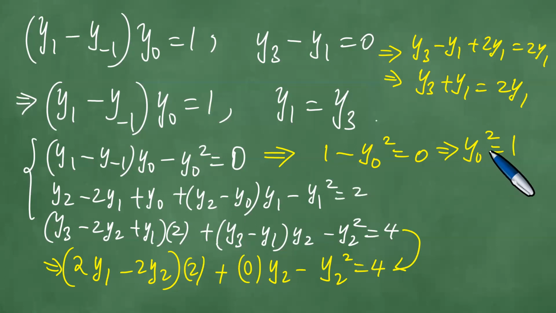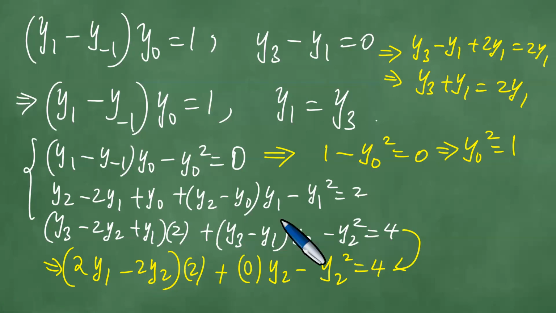For the topmost equation, we have y0 squared equals 1. And then for the second one, we have exactly these.